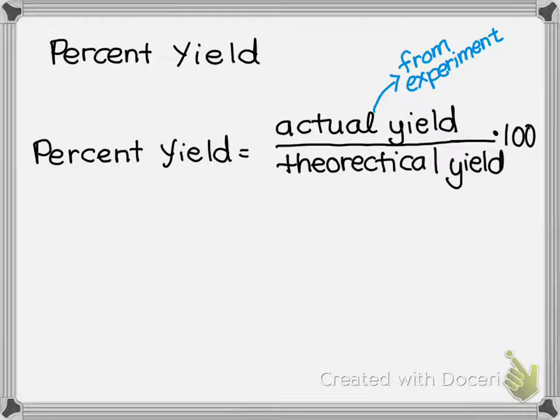A lot of times, if you're trying to calculate the percent yield, the actual yield has to be given in the problem because we aren't going to run into the lab and do the reaction described in the book. The theoretical yield, this is what we've been calculating. This is from the balanced chemical equation.